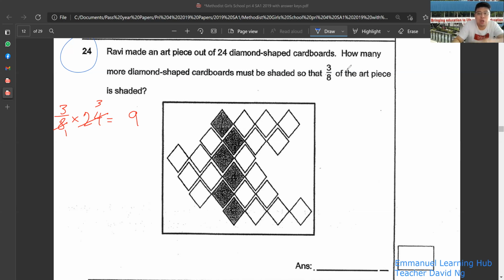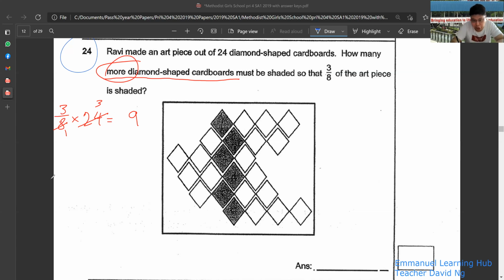You know why? Because the question is asking how many more diamond-shaped cardboards must be shaded. How many more? So altogether, you're supposed to shade 9 cardboards, correct? But how many cardboards are shaded now?